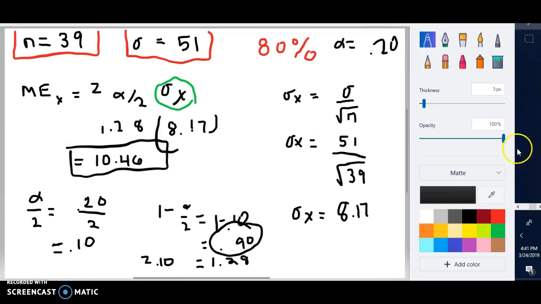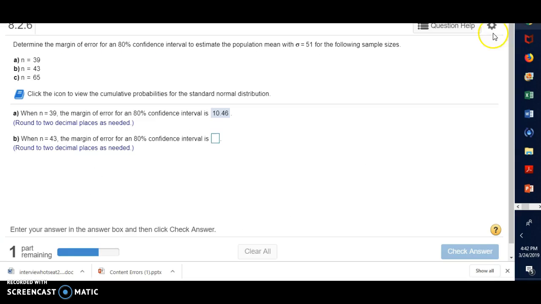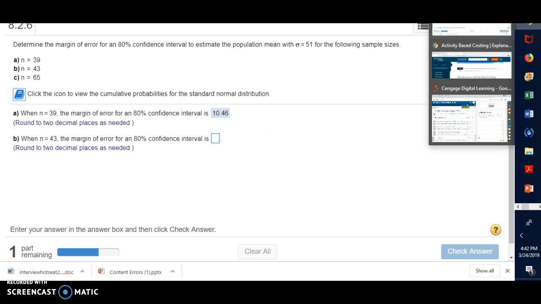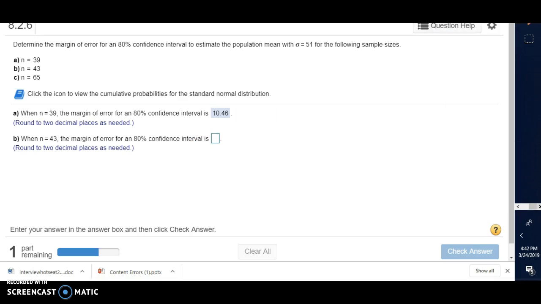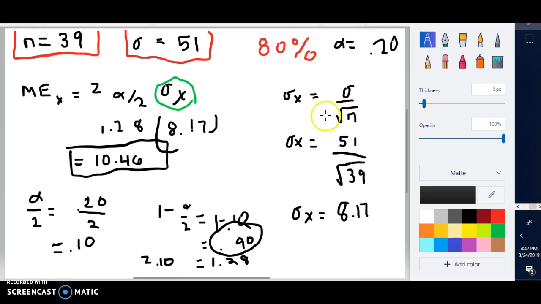Now, if you continue working this, I believe the second question is N is 43, same confidence interval. So what you would do is you could use the work you just had, but the alpha is going to be the same, the z-score the same, the standard error of the mean would be different.